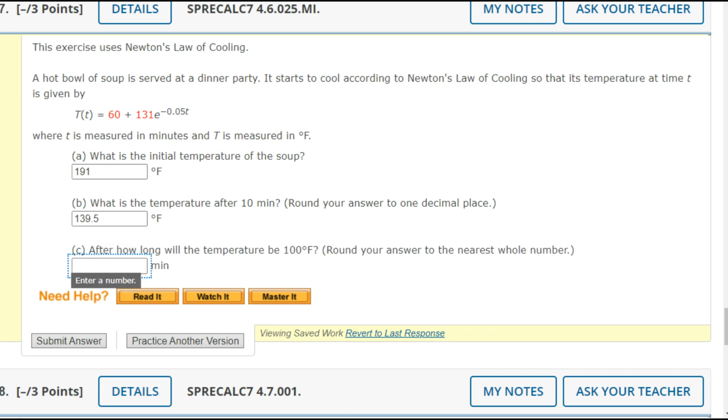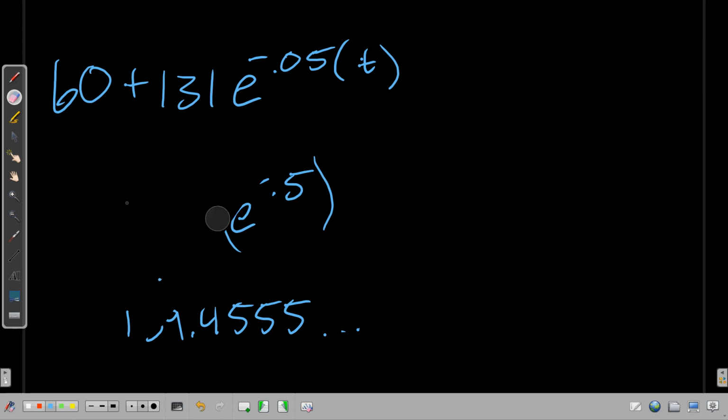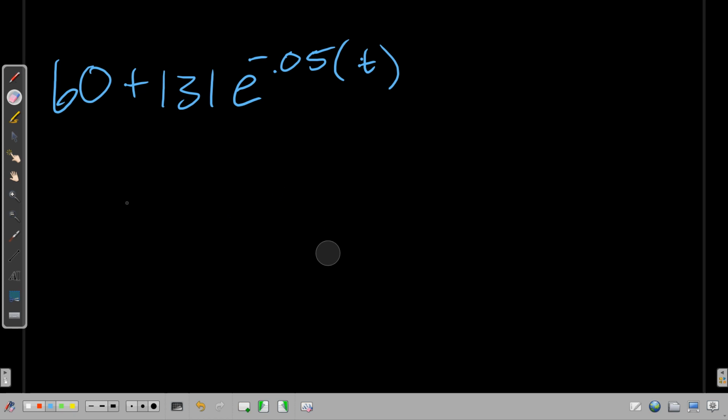After how long will the temperature be 100 degrees Fahrenheit? All right, so now we are curious about just looking at our model without a time plugged in for t and putting this equal to 100.